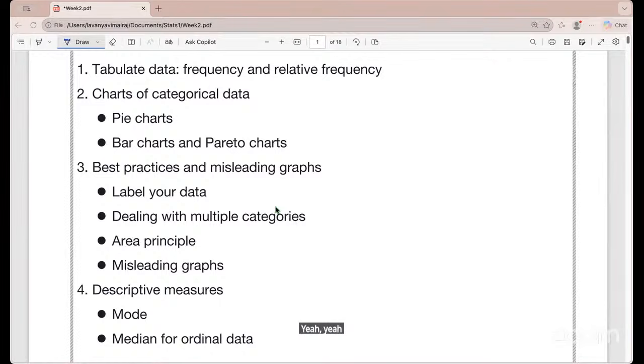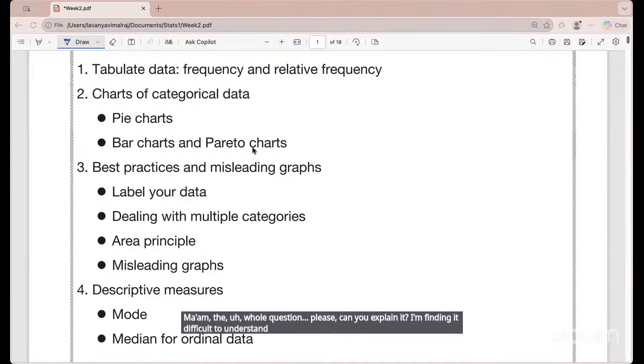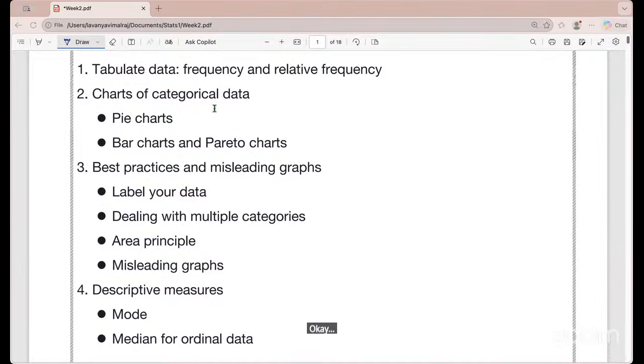So what is the percentage of berths filled in the train on the given day? What's your doubt in this? Ma'am, the whole question, can you please explain it? I'm finding it difficult to understand. Okay. Rajdhani trains connect the national capital of India with state capitals.